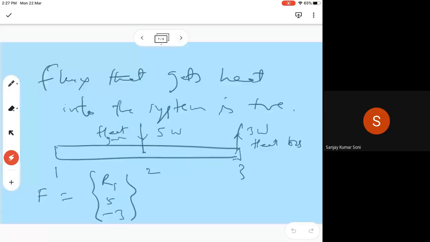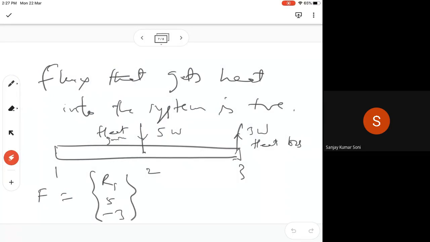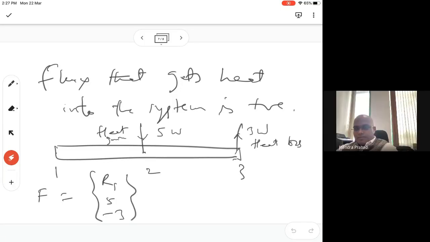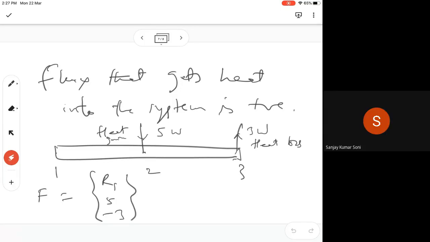Okay, sir. So in the same problem, let us say heat is being generated inside a system. In that case, we will take whatever heat is going towards the node as positive. For example, let us say in these 3 noded elements, heat is generated at 5 watt per meter. So when we solve for element number 1, the heat moving towards the node is positive, and away from the node is negative.